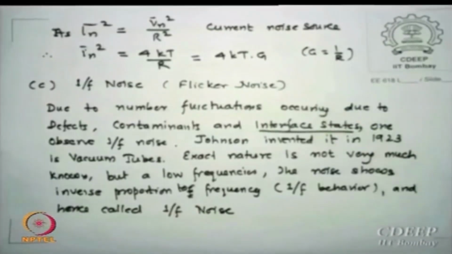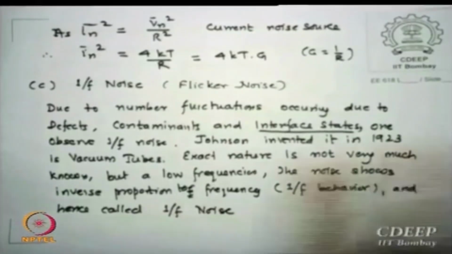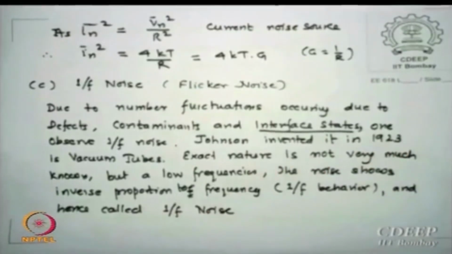With any other thing also I can prove it is 1 by F, so take it with a pinch of salt, but that is what most people agree it may be. And as I said, this noise was also invented in 1923 by Mr. Johnson, particularly while he was working on vacuum tubes; there were no semiconductor devices then.